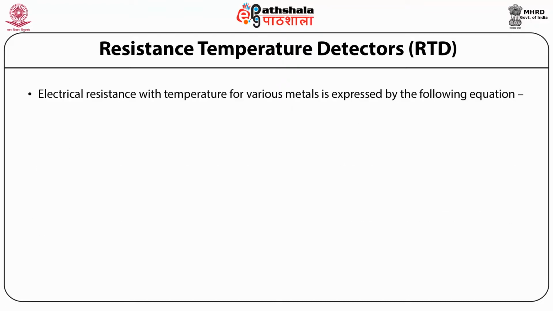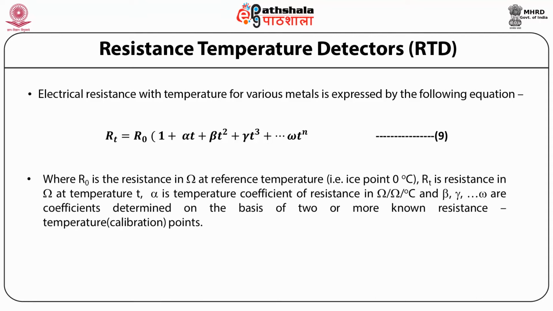Electrical resistance with temperature for various metals is expressed by the following equation. RT is equal to R naught multiplied with 1 plus alpha T plus beta T square plus gamma T cube plus omega T raised to power n. This is equation 9, where R naught is the resistance in ohms at reference temperature point, that is ice point of 0 degree centigrade.